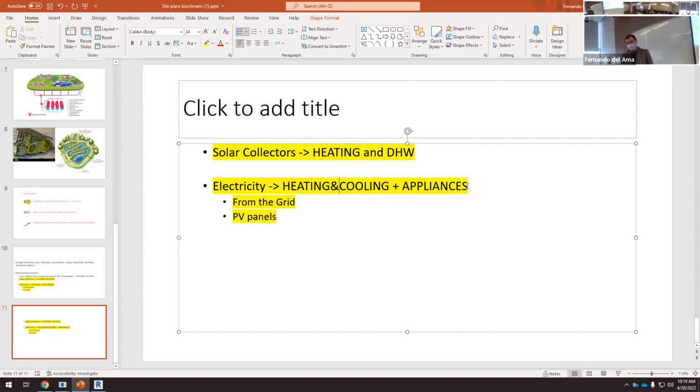What do we need? If I want to use electricity for heating or cooling, what do I need? I need a heat pump. What is the best heat pump that we have available in the market?